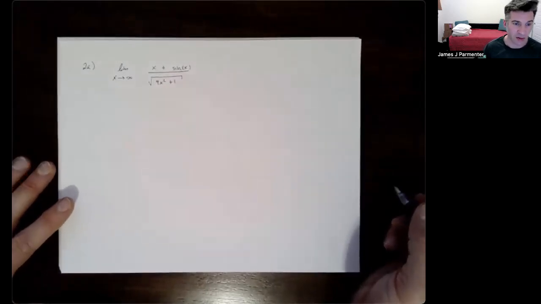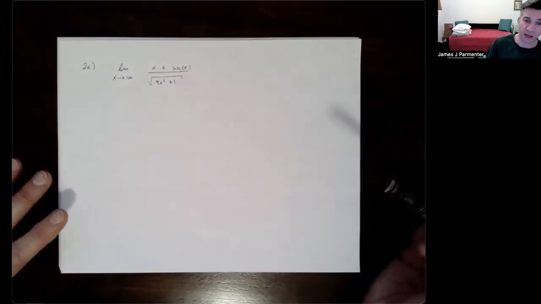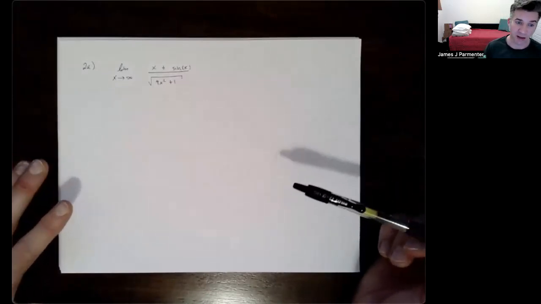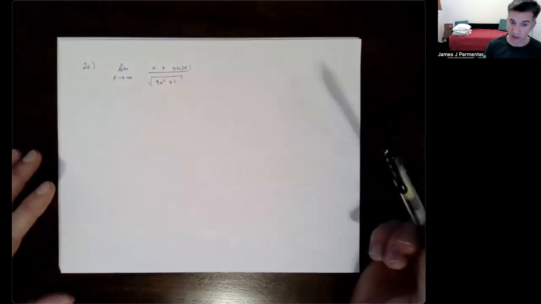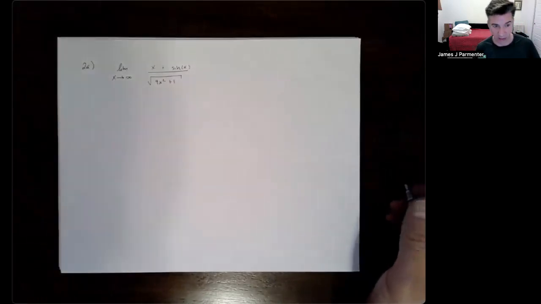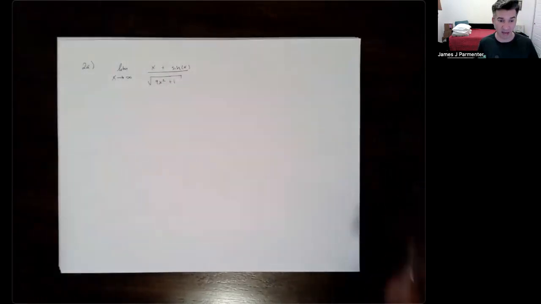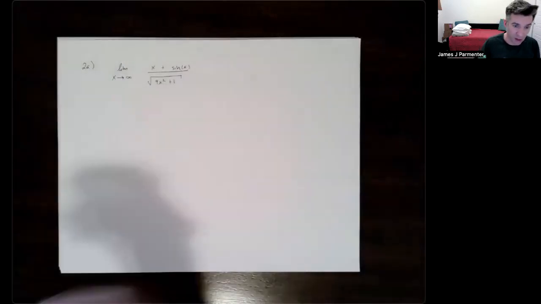Reading the directions, compute the limits in any correct way you can. Give each answer as a finite number, infinity or negative infinity. Technically, does not exist should also be an option, because there are some limits that just don't exist, even though they're not infinity. For example, the limit as x goes to infinity of sine of x just doesn't exist. It's not infinity or negative infinity.